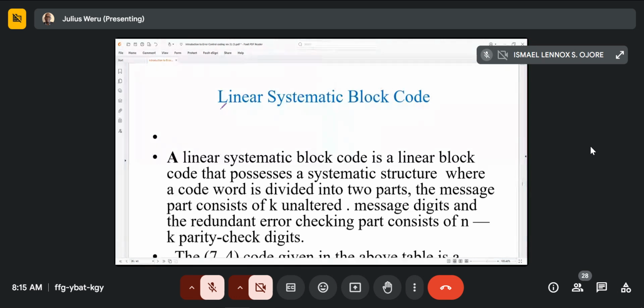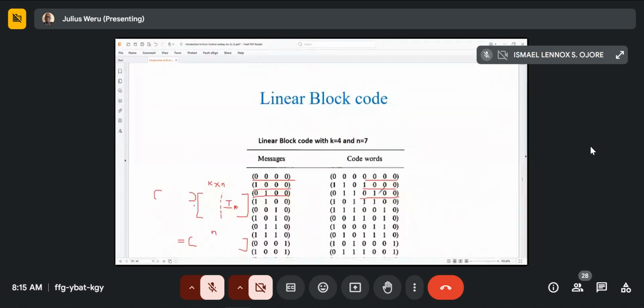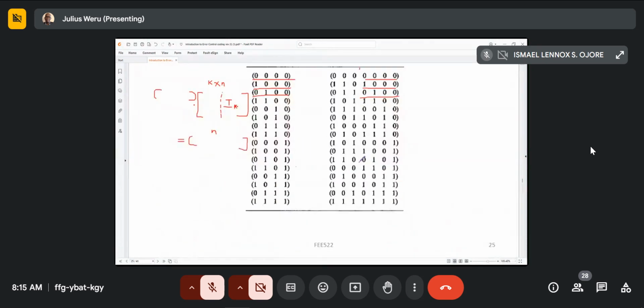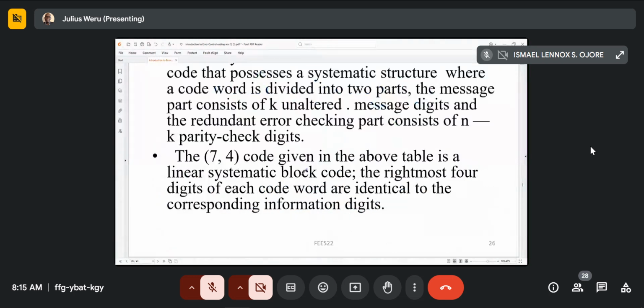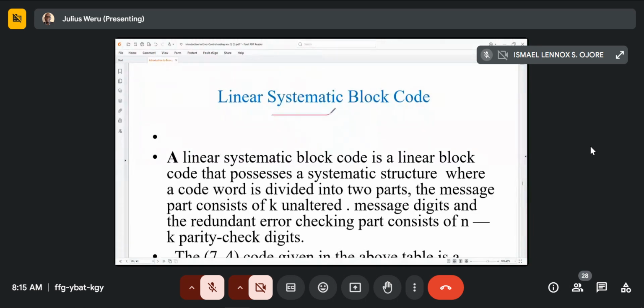So if you say a block code is linear and systematic, what do you mean? It must be very clear that either the prefix or the suffix is a message bit, and that covers the systematic part.